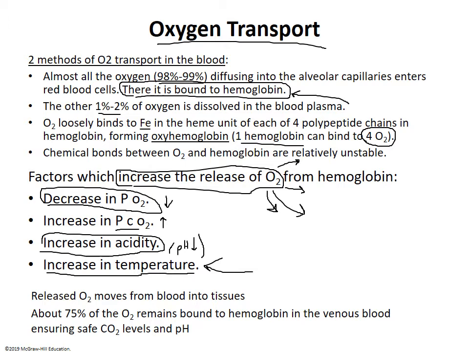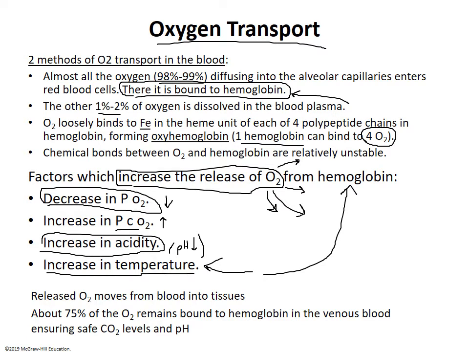Because as you use your muscles, over half of the energy released in making ATP is released as heat. So as I start exercising, my temperature increases. When I exercise, I need to increase my oxygen to the area. So isn't it pretty nice that the byproduct of exercise, which is temperature, causes oxygen to be released from hemoglobin?